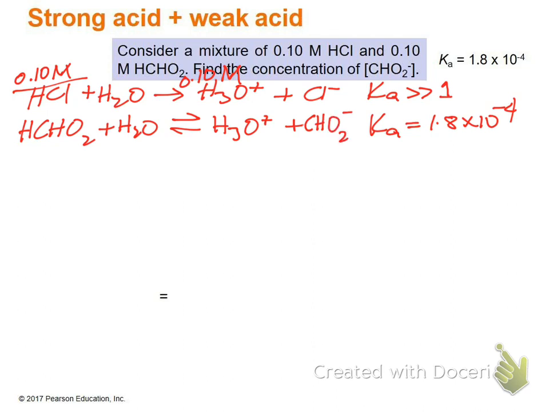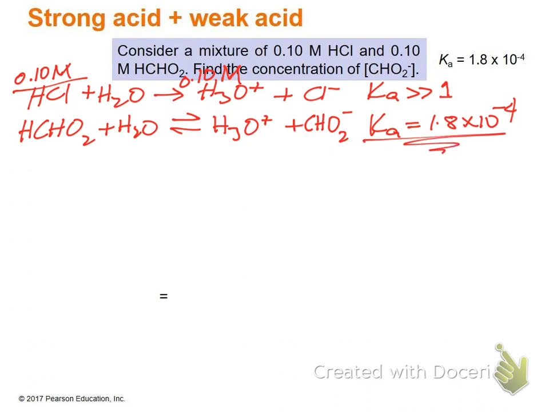All right, so in order to find the concentration of the formate ion, CHO2 minus, we have to generate an ICE table for the weak acid. And we're going to generate a Ka expression for the weak acid as well, because we're given the Ka.